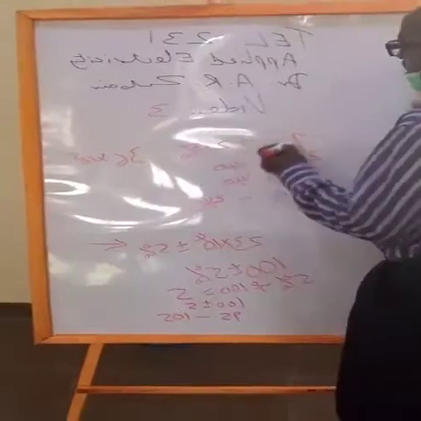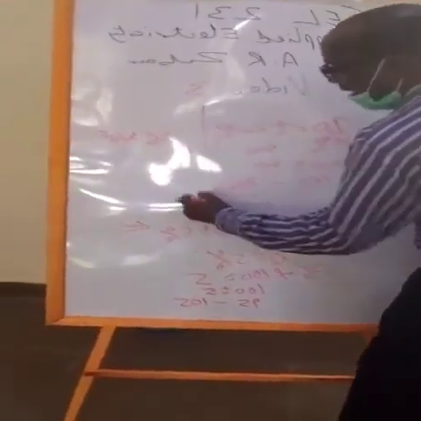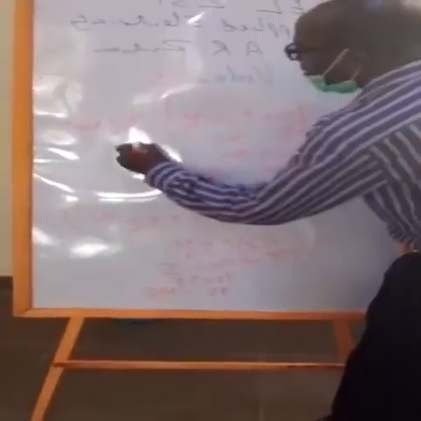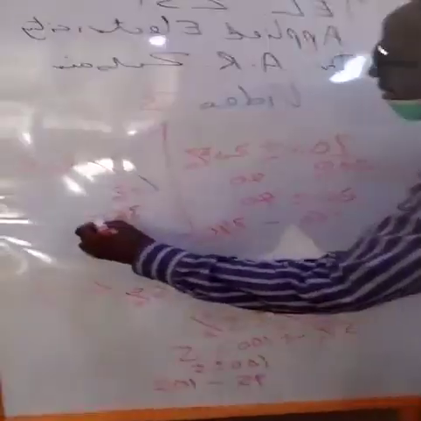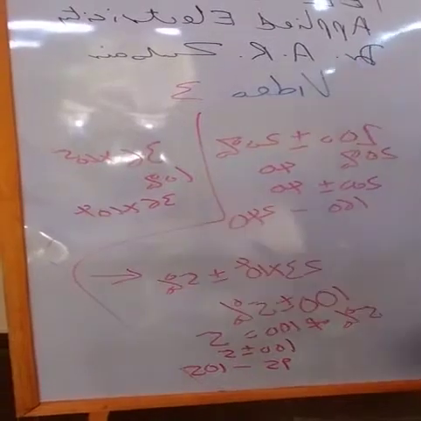It's 10%. If I calculate 10% of this, that will give me 36 times 10 raised to power 4.